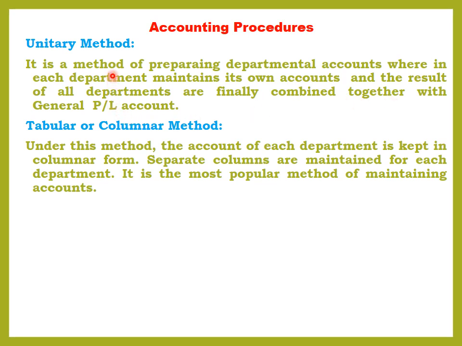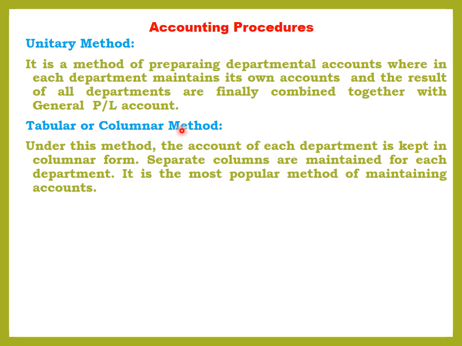So what we do, we maintain accounts of each department separately. The respective department will maintain their own accounts. For example, Department A account separate, Department B account separate, Department C account separate. So that's called the unitary method.